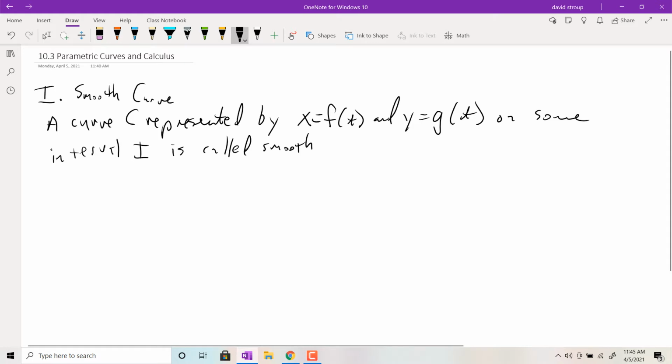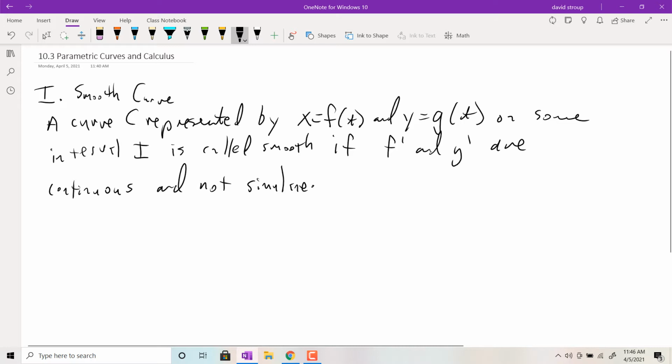So the curve C represented by x and y on some interval I is called smooth if our f prime and g prime are continuous and not simultaneously 0, except possibly at the endpoints of the interval. Sorry about my writing.